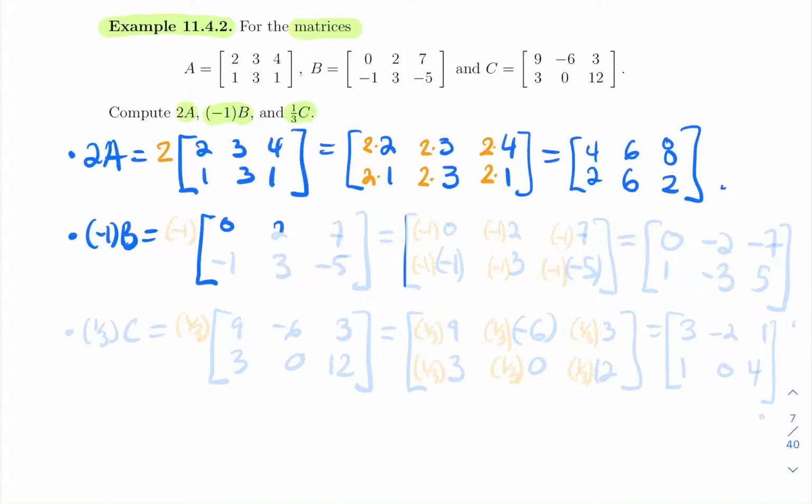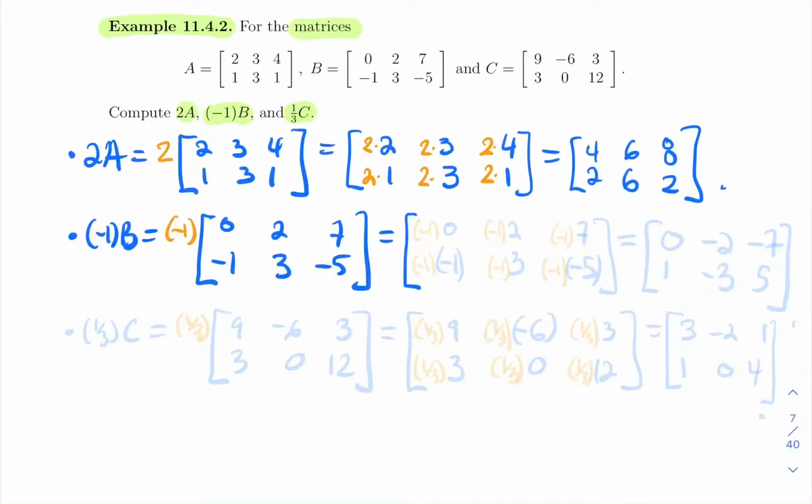So 0, 2, 7, minus 1, 3, minus 5. So we're multiplying by minus 1. If minus 1 goes in, again here I'm going to write all the detail. If you write the answer right away, it's going to be accepted as a complete solution unless it's specified.